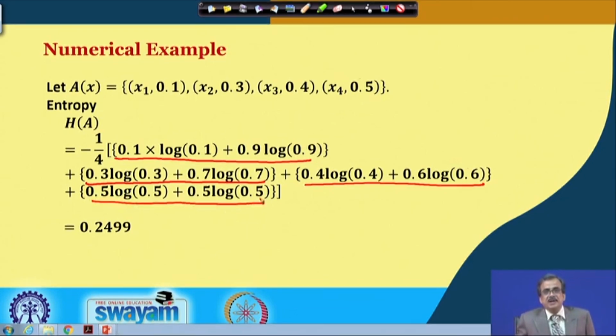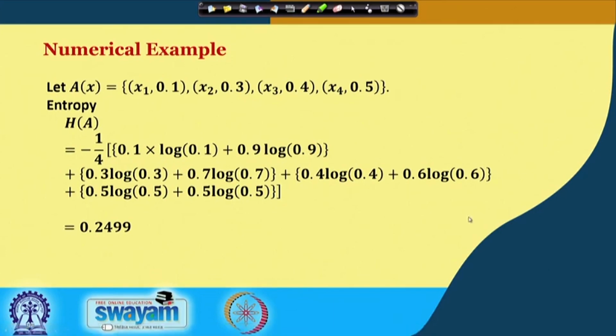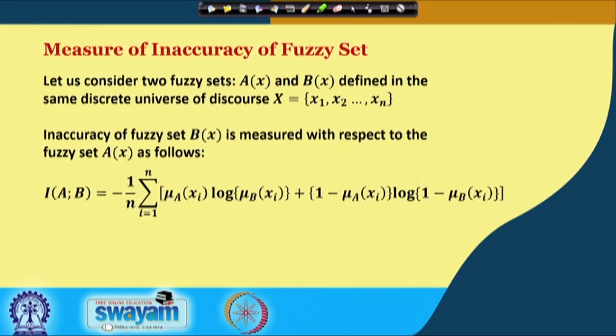Now if we calculate, we get one numerical value, 0.2499, and that is the entropy of this fuzzy set, which is nothing but the fuzziness of the fuzzy set in numerical terms. So this is the way we can find the fuzziness of a fuzzy set using the concept of entropy.